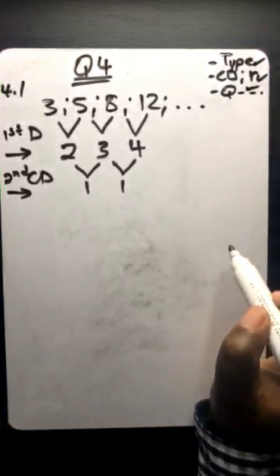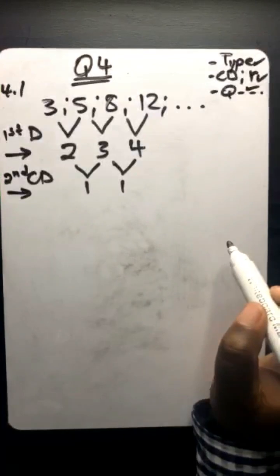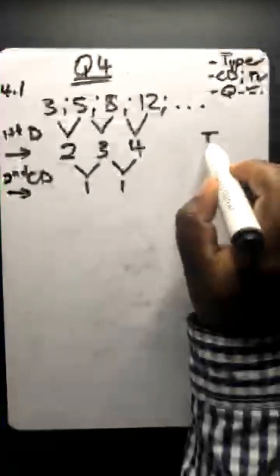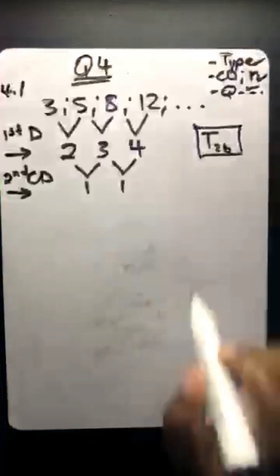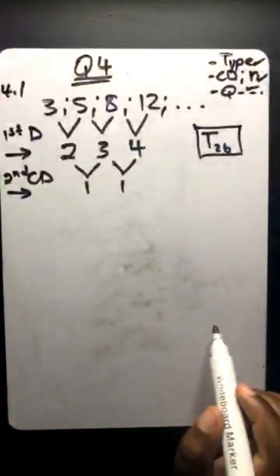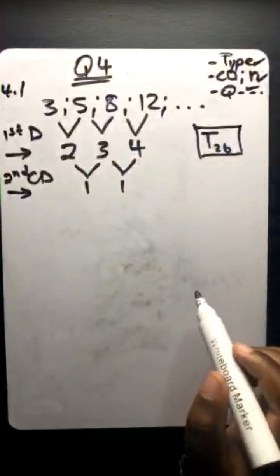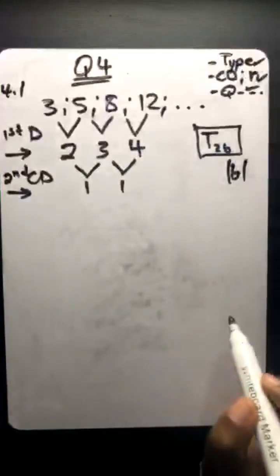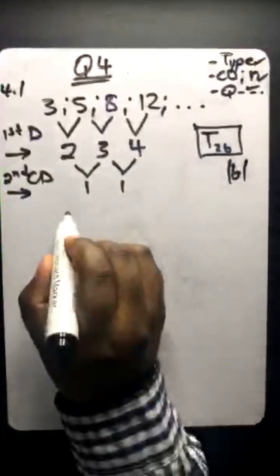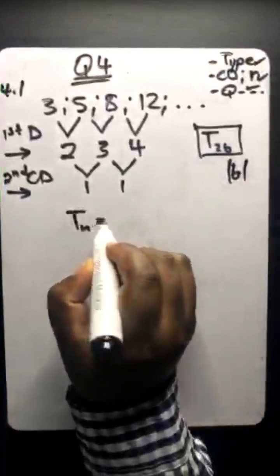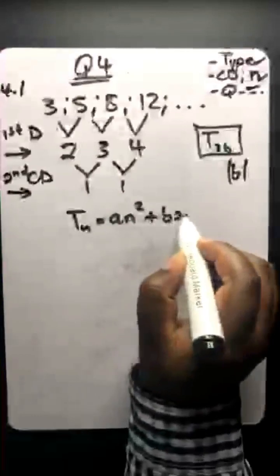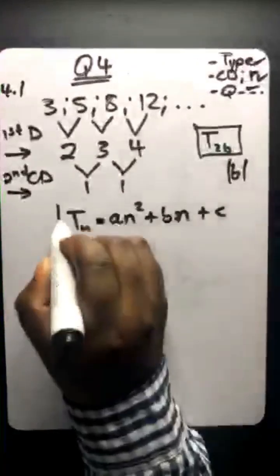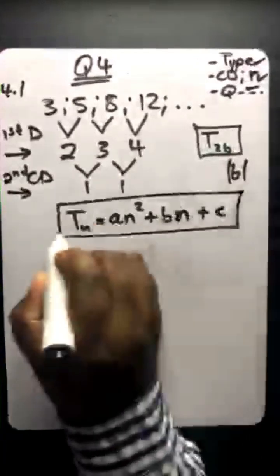Determine the value of T26. So that means they want you to determine the value of term number 26. In this question, it's allocated how many marks? It's 6 marks. So now, obviously, you need to know the general formula of that type of pattern.